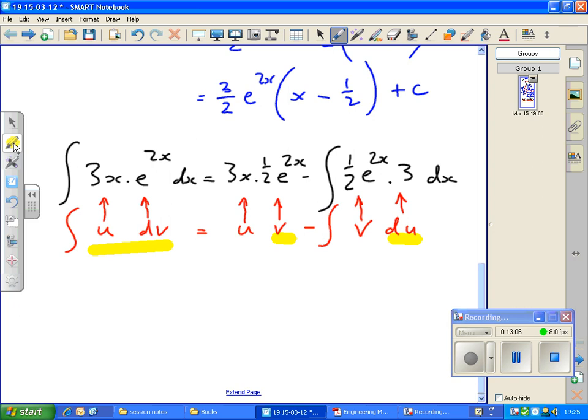And then I've plugged those numbers into this integration by parts method to end up with a solution. The whole point is that I end up with an integral that's doable, because x only appears once. So we can do it now. We couldn't do it here because x appeared twice, there and there. Okay?